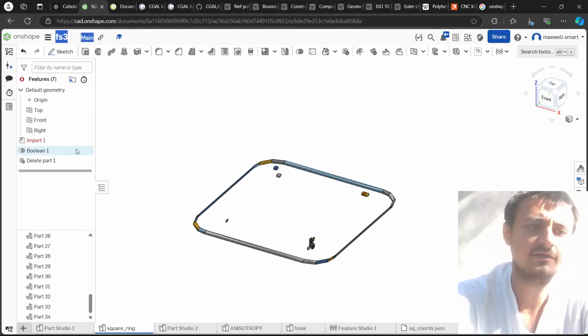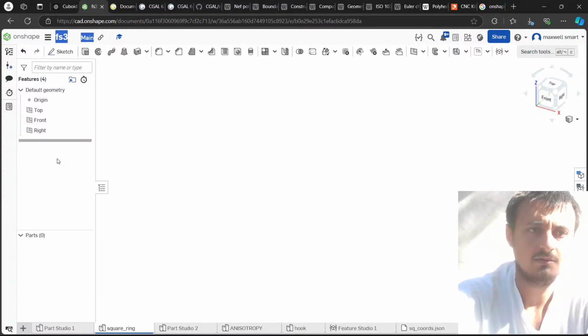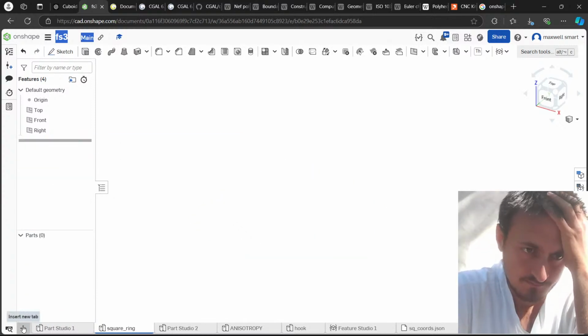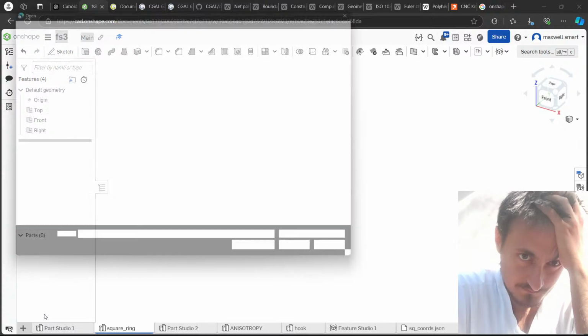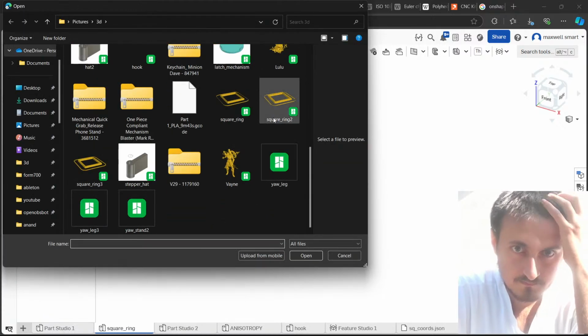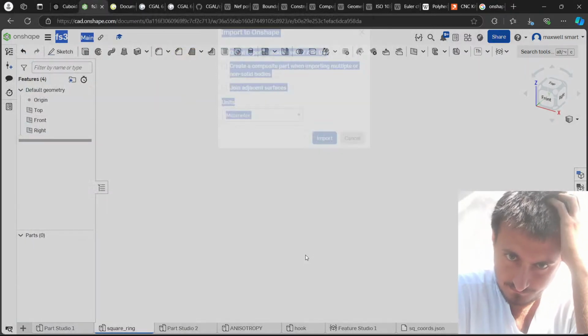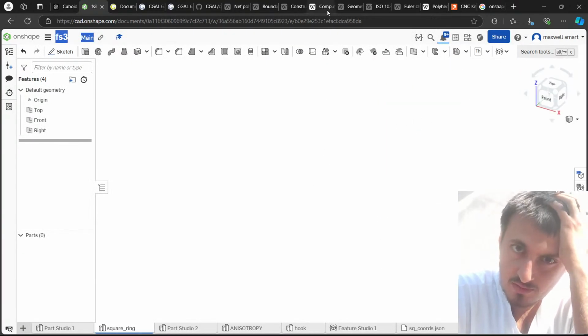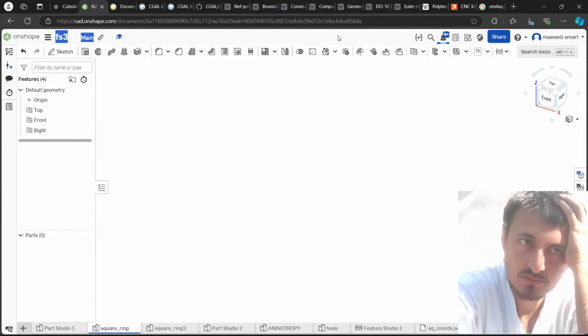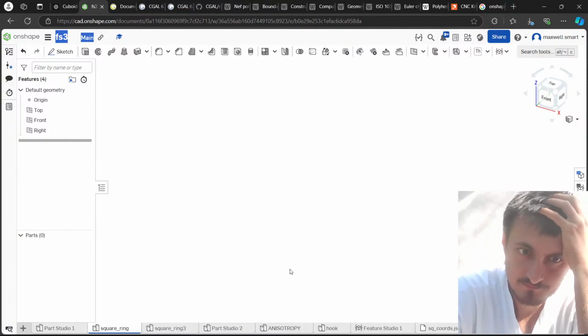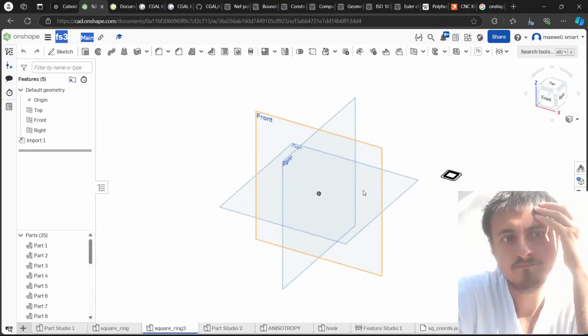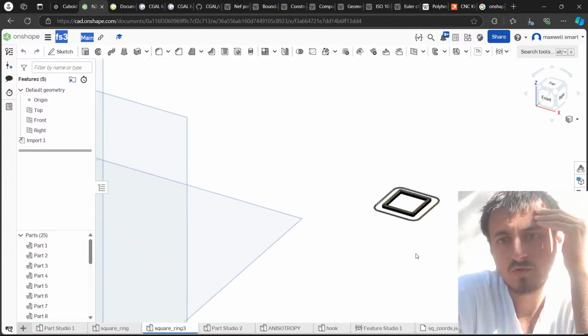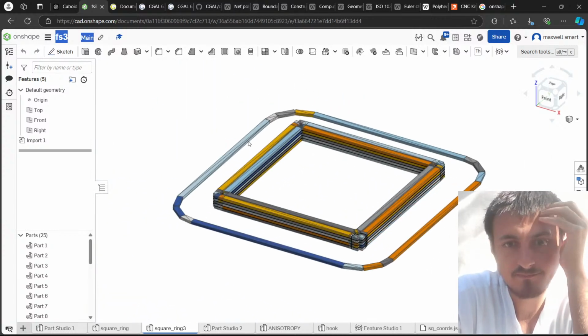I just delete everything. Unfortunately, no matter what, the Boolean is wrong, or it fails, rather.